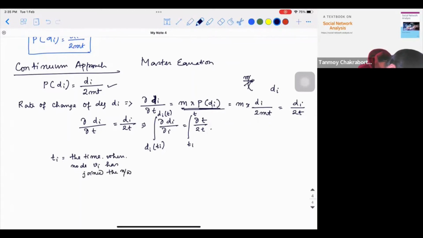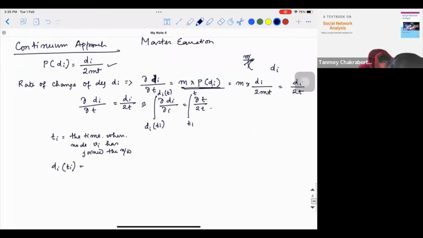And what is di(ti)? It is the degree of node vi at ti.